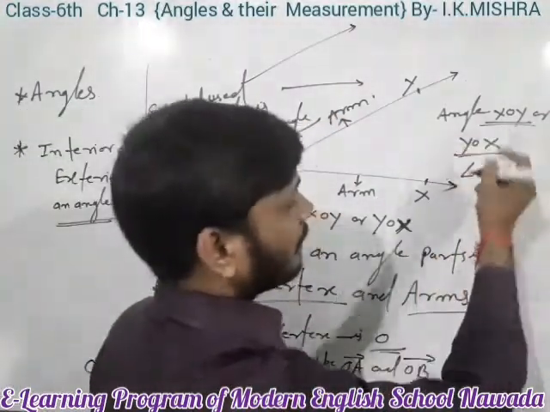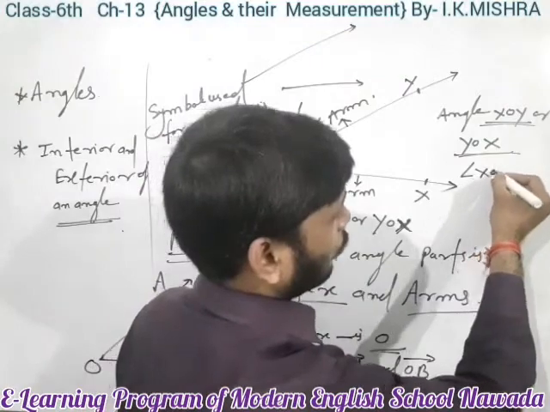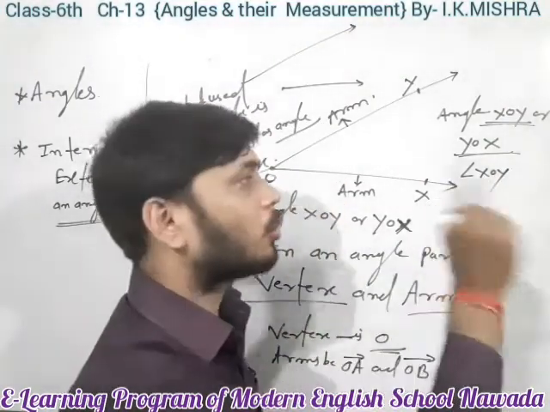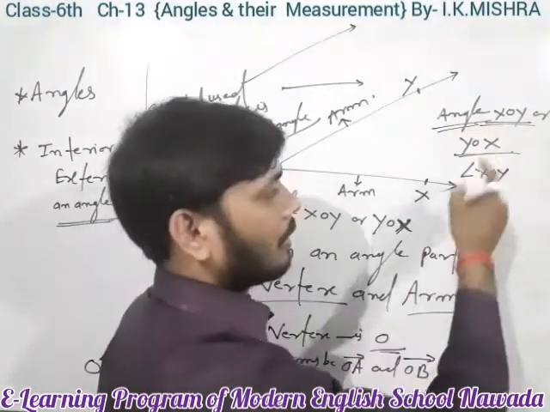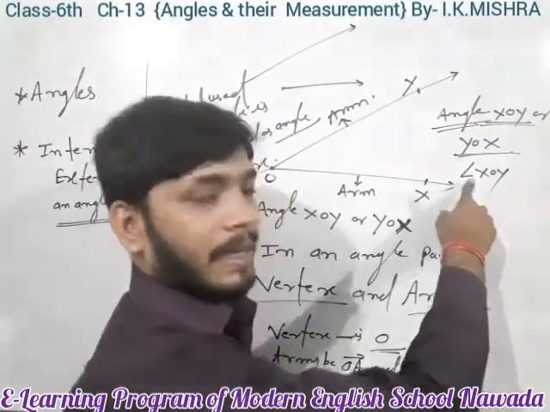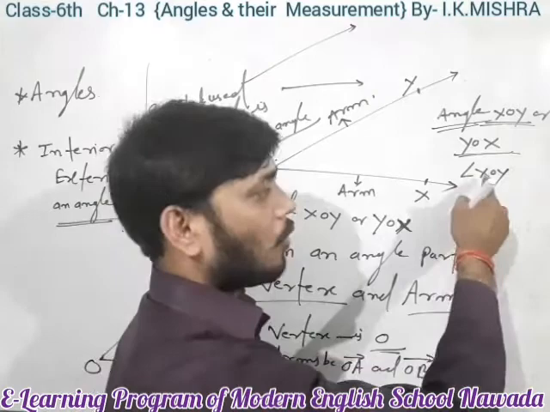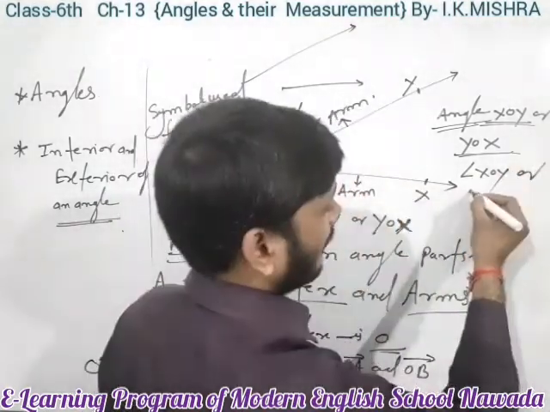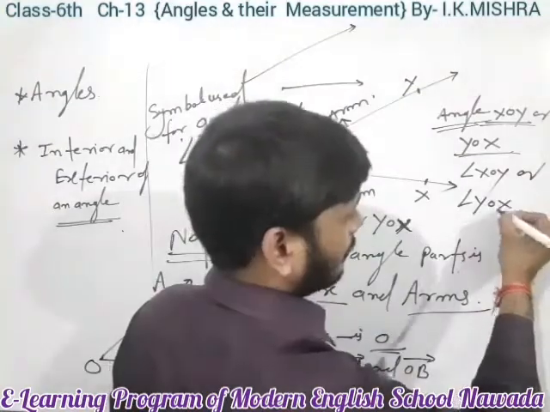So this will be written as angle XOY. When you put this symbol, you do not have to write the word angle; it will be read as XOY, or angle YOX.